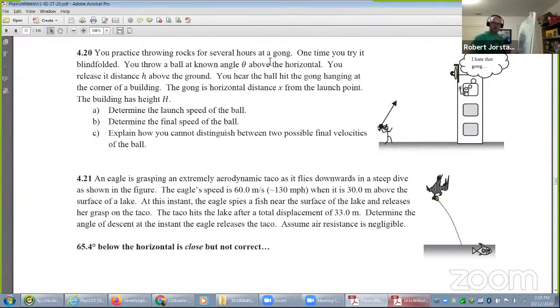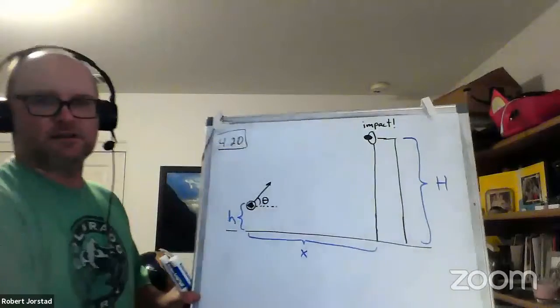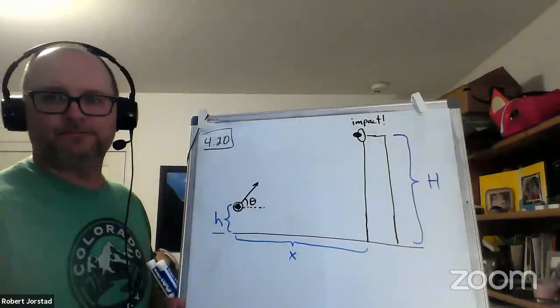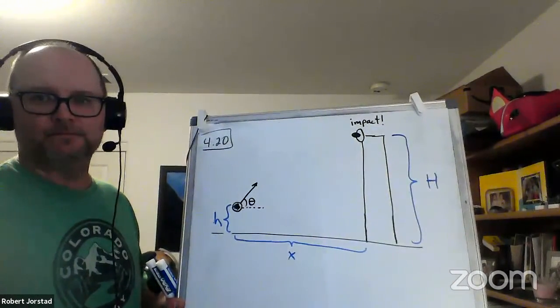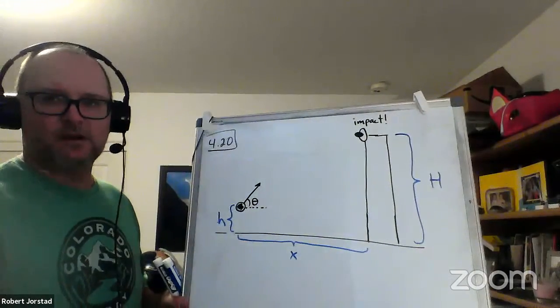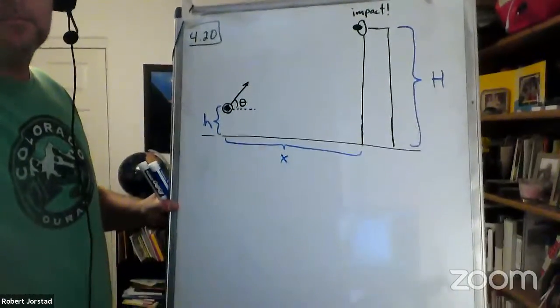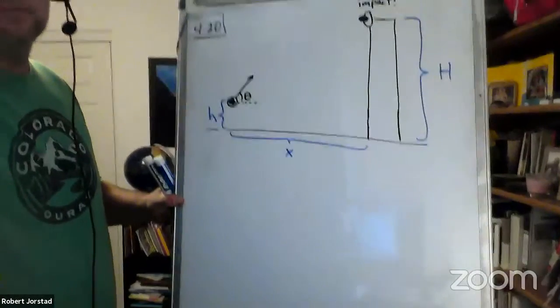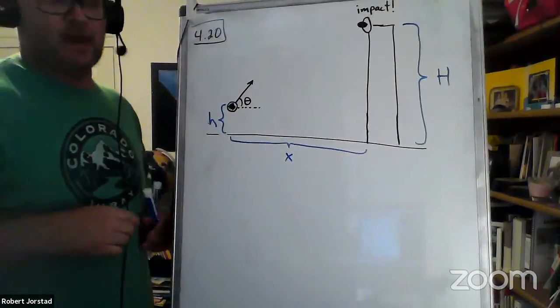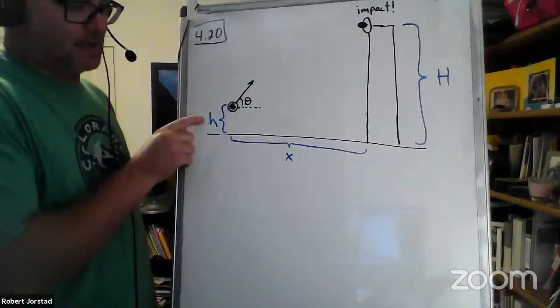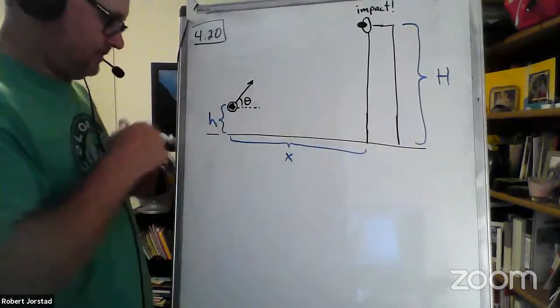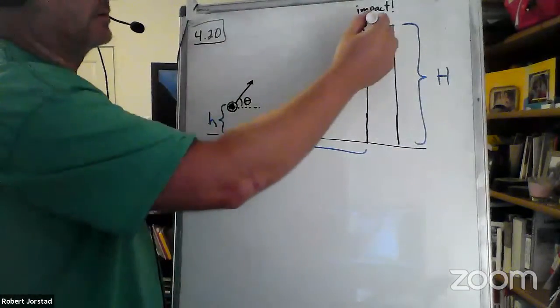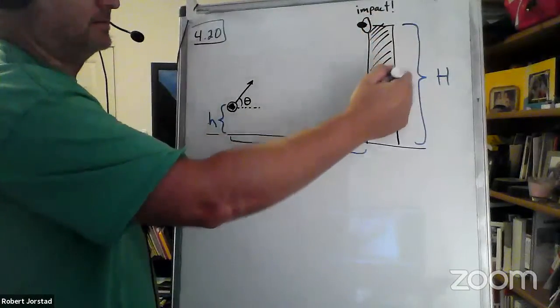Hopefully you had a second to look at that. So this is how I viewed it. We're told that this height is little h, this height is big H, and it hits the gong, which I'm assuming is right there at the corner.